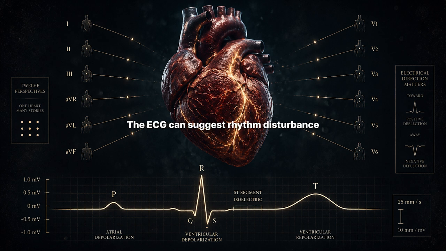The ECG can suggest rhythm disturbance, conduction delay, chamber enlargement, electrolyte effect, ischemia, or injury.